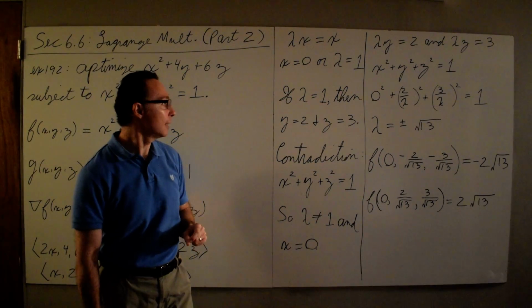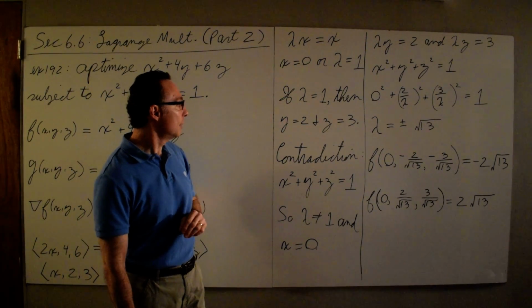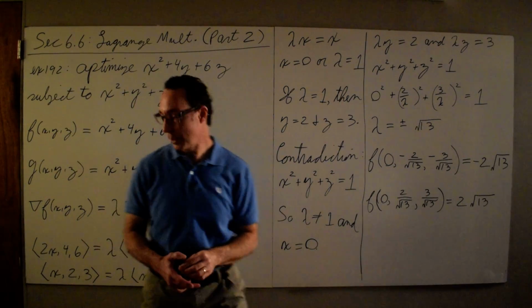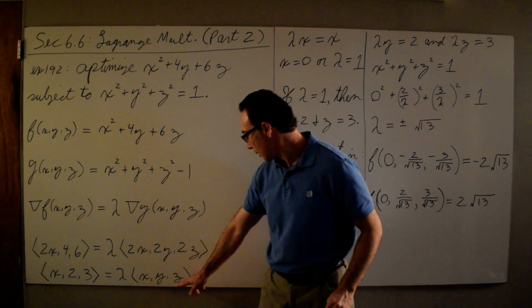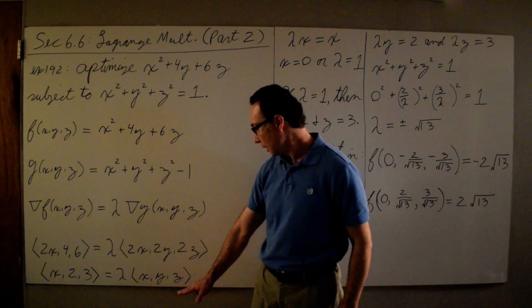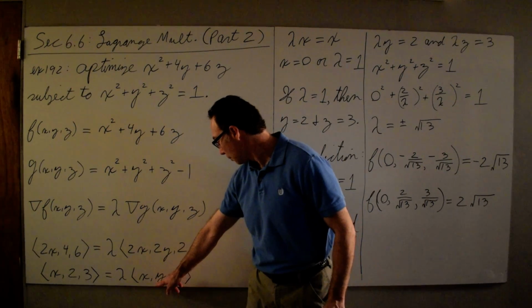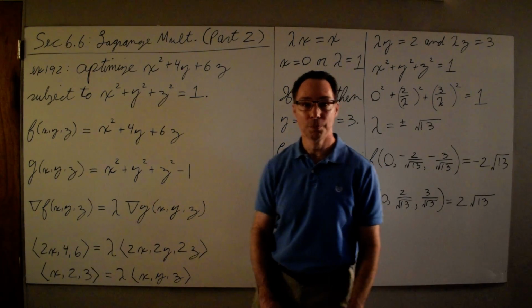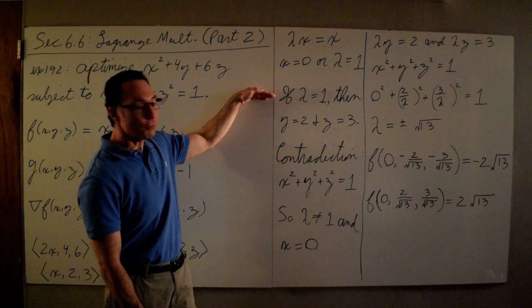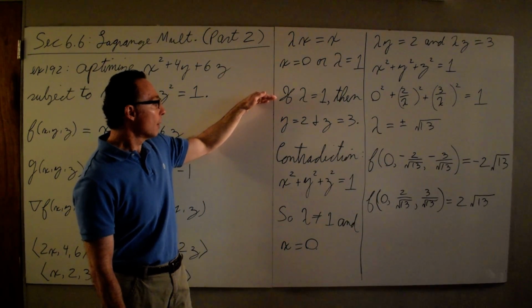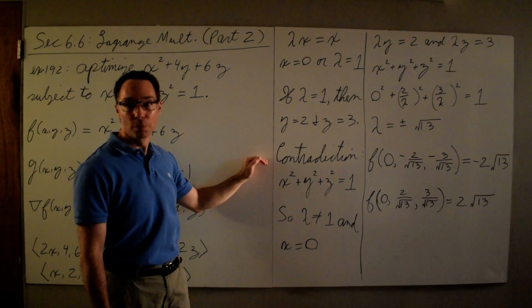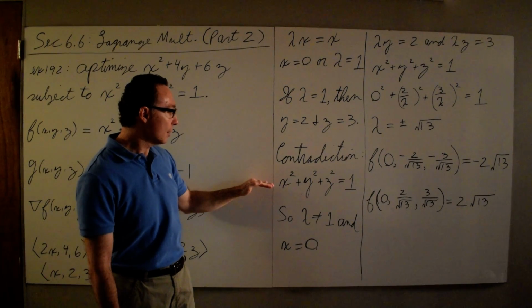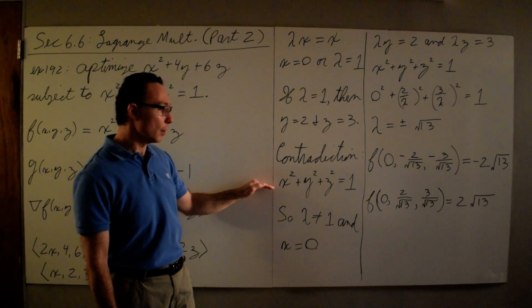So let's investigate. If lambda is 1, then what happens? If lambda is equal to 1, then that means y is equal to 2 and z is equal to 3. That's from the second and third components of these vectors. But this isn't possible, it's a contradiction, because x squared plus y squared plus z squared is equal to 1.